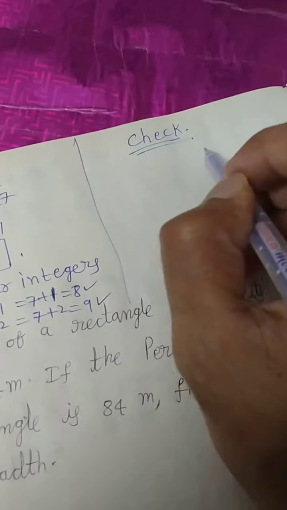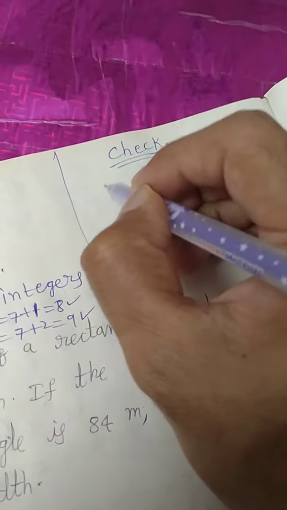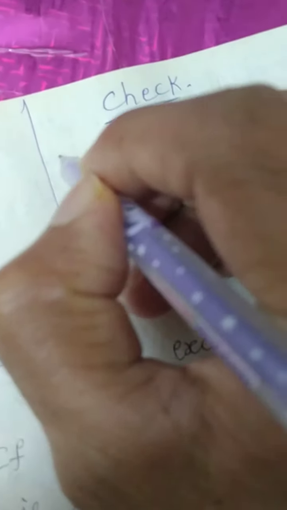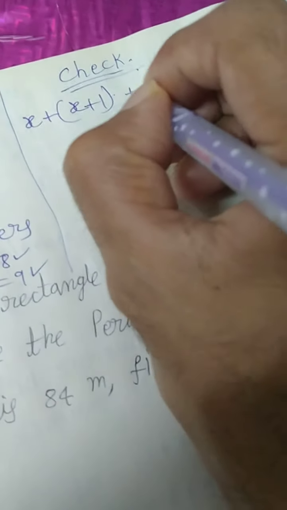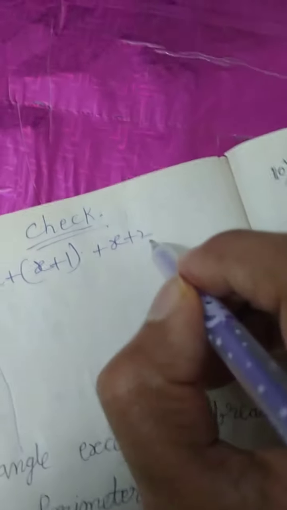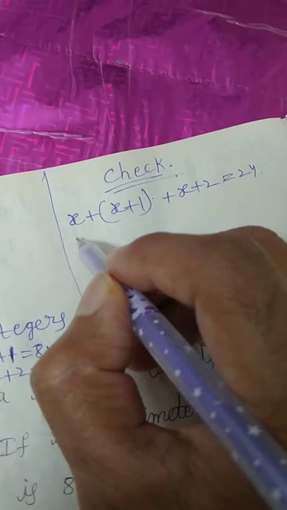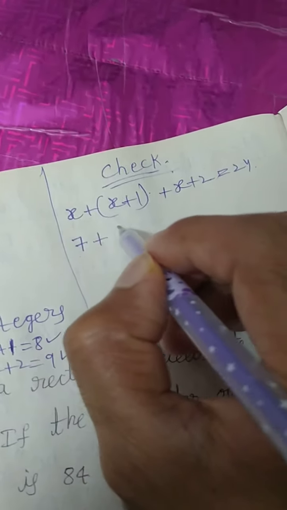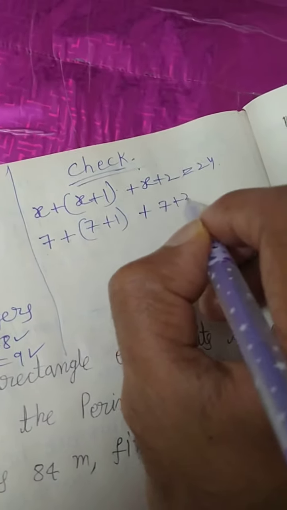So here, children, in this process we have to substitute x equals to 7 in the given equation. What is that equation, children? x plus x plus 1 plus x plus 2 is equals to 24. So in place of x we have to substitute 7 plus 1 plus 7 plus 2.